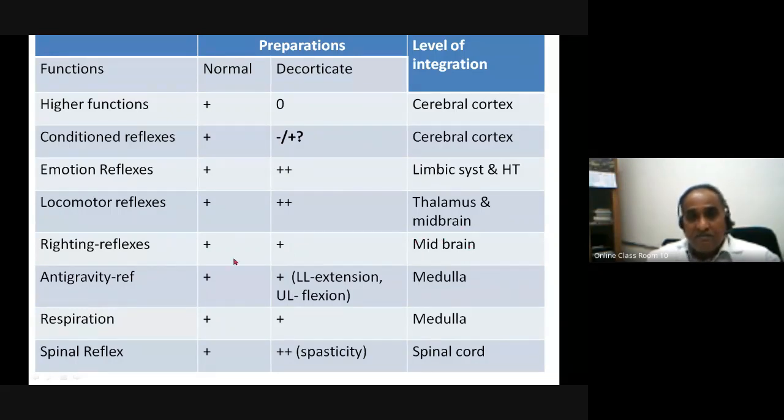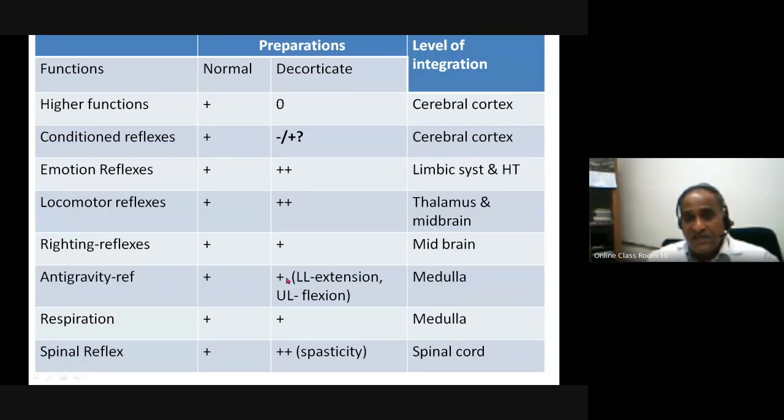But one thing is certain here: the visual righting reflex is absent, because it requires the occipital cortex. All other righting reflexes, that is the vestibular righting reflex, body on body, body on head, limb on body, are intact and operative, excepting the visual righting reflex. Please note that. The anti-gravity reflexes are exaggerated.